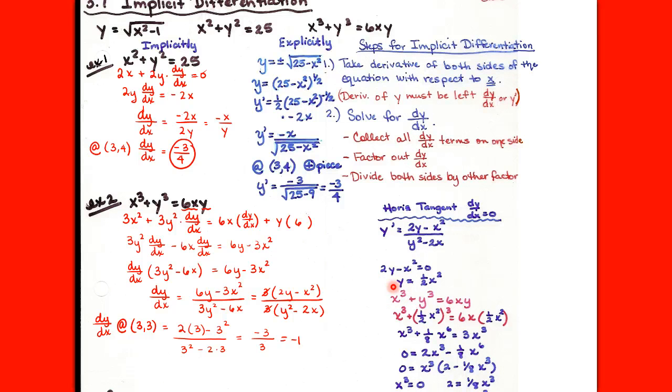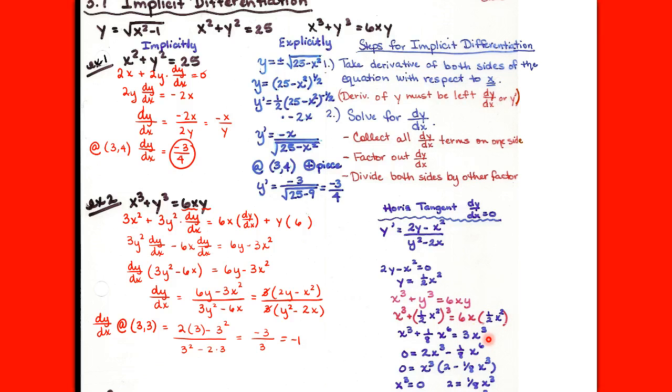So if y is equal to 1/2 x squared, then in my original equation, I'm going to replace each of the y's with 1/2 x squared. All right, so if I simplify, 1/2 cubed is 1/8, and x squared cubed is x to the 6th. And then over here, 6 times 1/2 is 3, and x times x squared is x cubed.